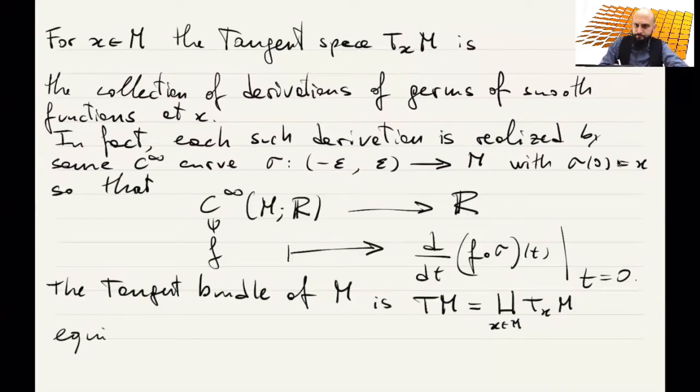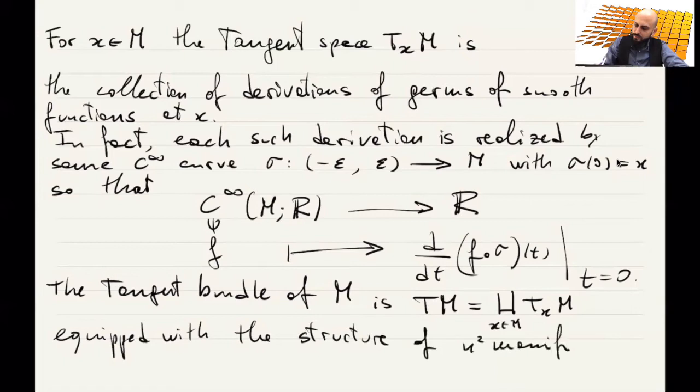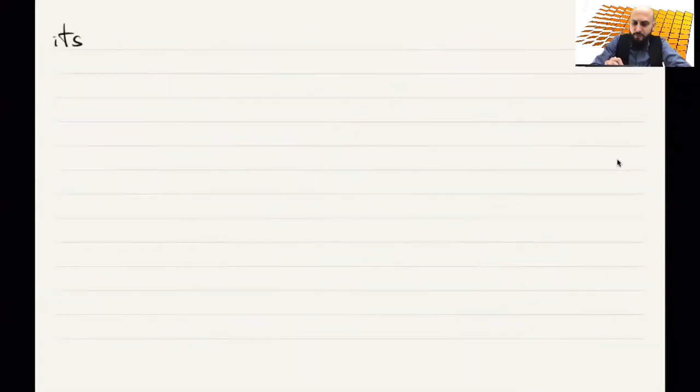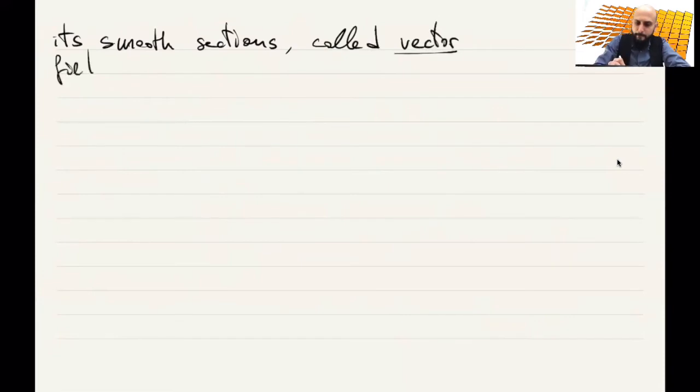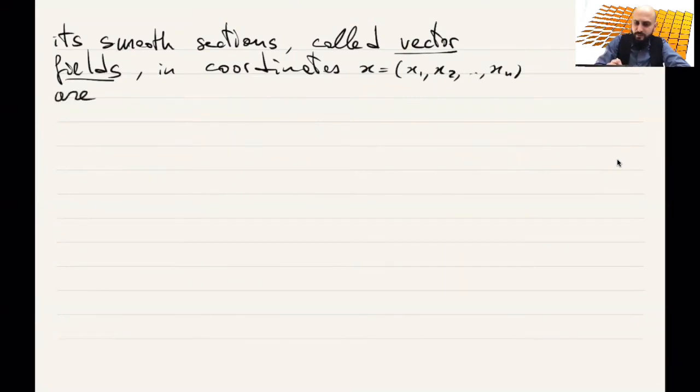So it is equipped with the structure of a 2n-dimensional manifold, such that its smooth sections, which I'll explain now, called vector fields, in coordinates x1, x2, up to xn, are of the form.